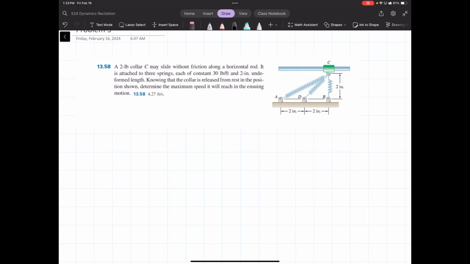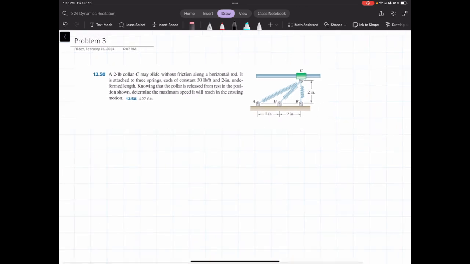And we need to find where the maximum speed occurs and what the maximum speed is. We need to first, where do you think the maximum speed of the collar would occur? Any guesses?